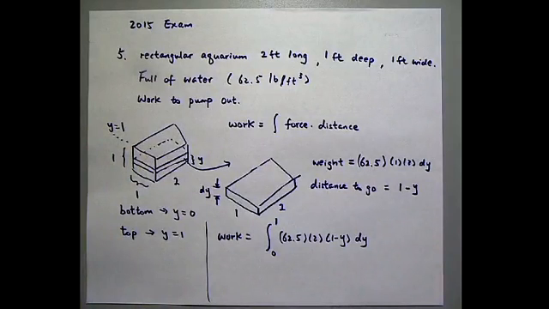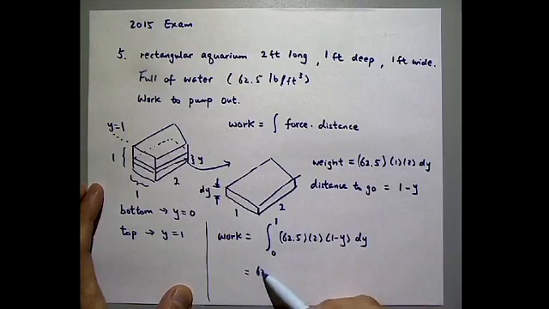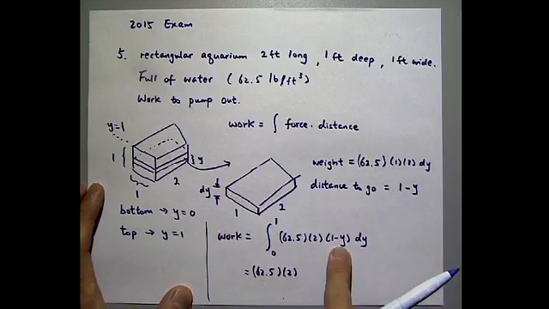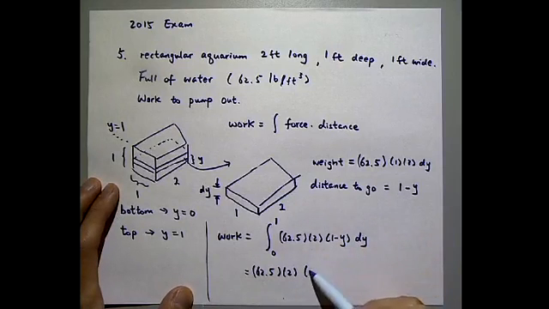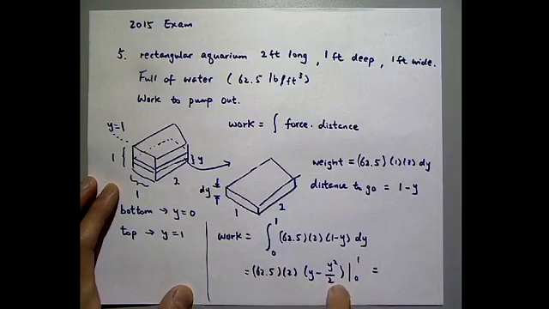Right? Now the rest of this is easy. Let's take out the constant. And then integrate that. And this will be a 1/2 when you're plugging in 1. When you're plugging in 0, you get nothing. So 2 times 1/2 times 62.5.